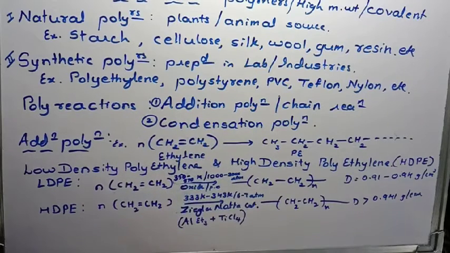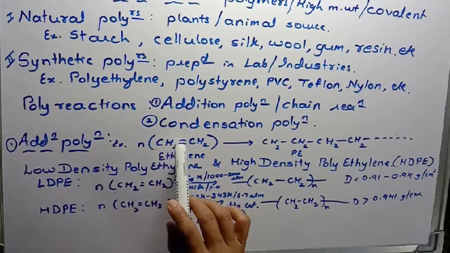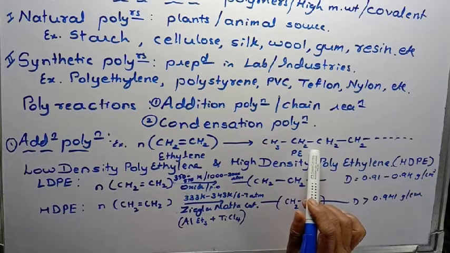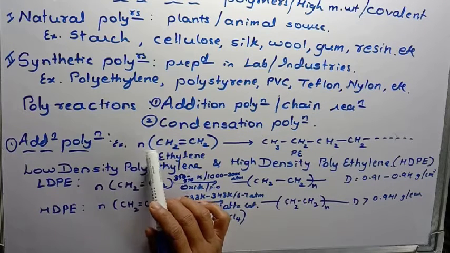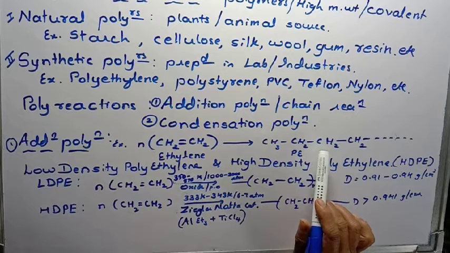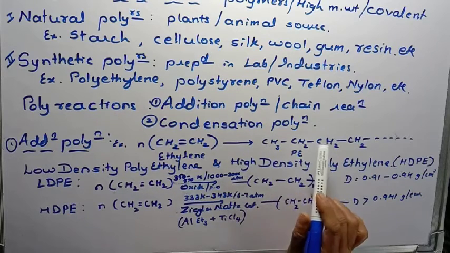Now under addition polymerization, we will mention examples of compounds whose preparation follows the principle of addition polymerization. A simple example: when n number of ethylene molecules are subjected to polymerization, it gives a long chain, a macromolecule, which is polyethylene. Here n is a huge number, more than thousands or lakhs. The result is a giant molecule, a polymer named polyethylene, where the monomer is ethylene.